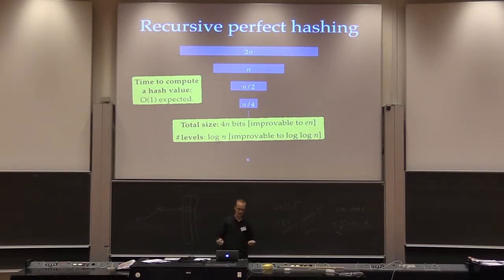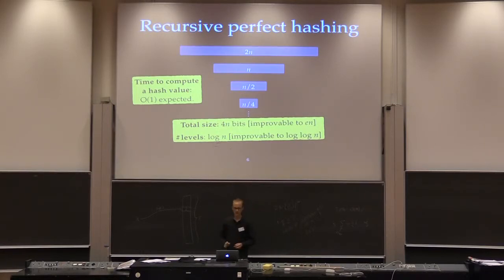What if we evaluate something that is not in the set? Well, it's kind of the same thing with probability. Constant probability, we're going to stop in the first level here just because we happen to collide with some element in S. So the expected time to compute this is constant.